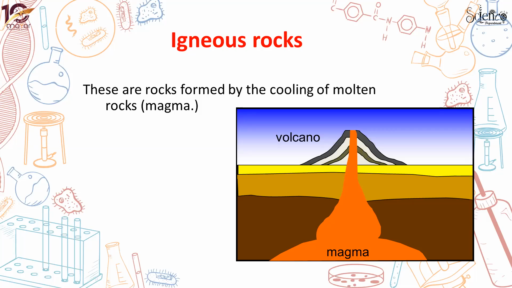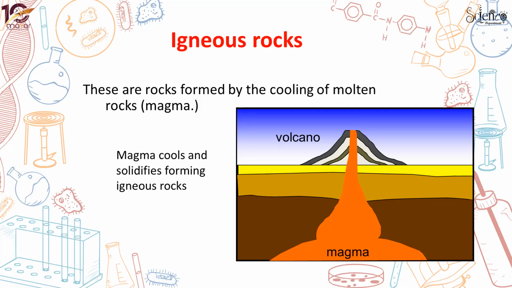Now, molten rocks below the surface, we call them magma. On the surface, we call it lava, okay? So igneous rocks can be formed from cooling of magma or lava, in another way, by crystallization.